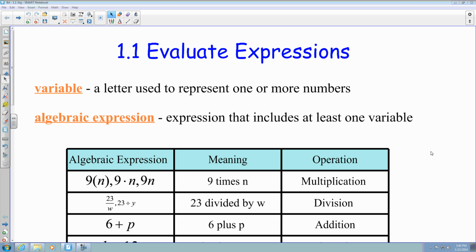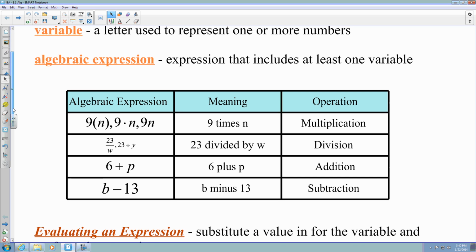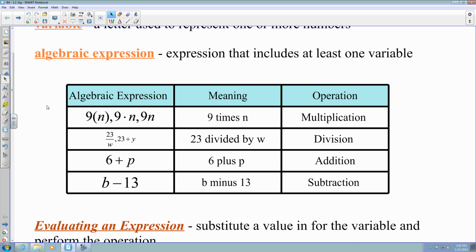So as we get into the different types of algebraic expressions, here is a little table of what they all mean. On the very left is a type of algebraic expression, in the middle is how it would be said in words, and on the far right is the operation that we are doing for that specific expression.